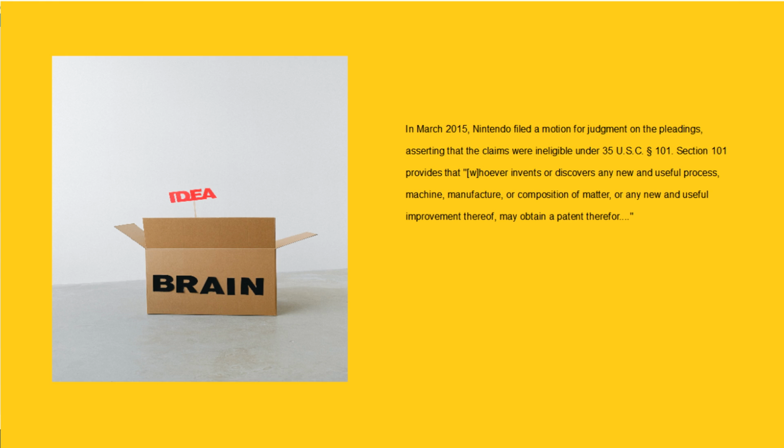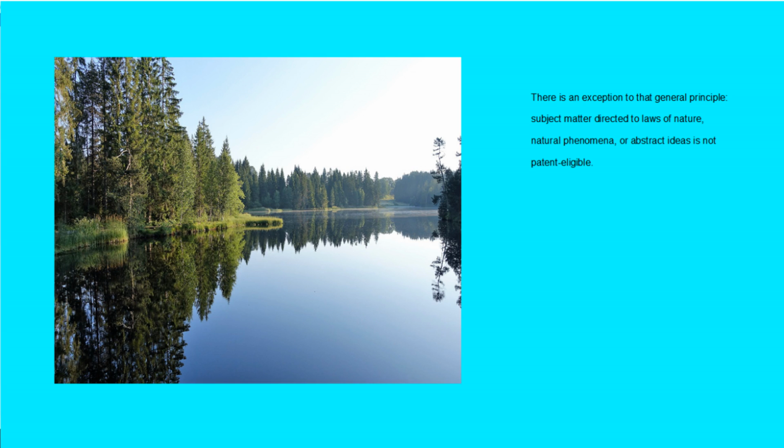Section 101 provides that whoever invents or discovers any new and useful process, machine, manufacture, or composition of matter, or any new and useful improvement thereof, may obtain a patent therefor. There is an exception to the general principle. Subject matter directed to laws of nature, natural phenomena, or abstract ideas is not patent eligible.